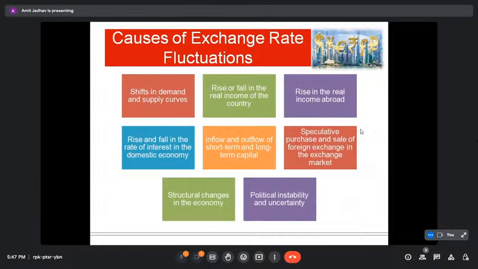Afterwards, we have the inflow and outflow of short-term and long-term capital, and speculative purchase and sale of foreign exchange. Structural changes of the economy and similarly political instability also have an adverse impact. We can't say there's a positive impact, but an adverse impact on the exchange rate of a particular country in the foreign exchange market.